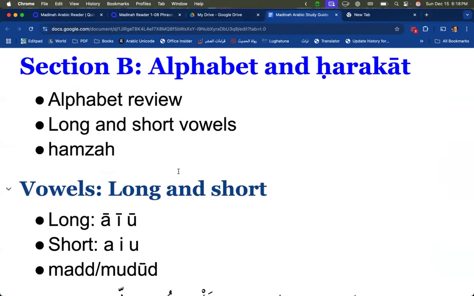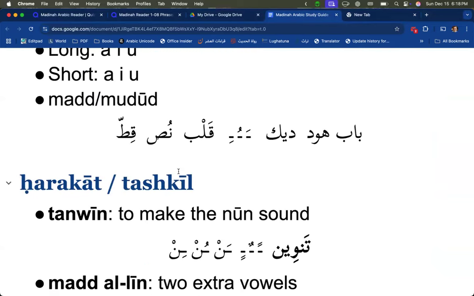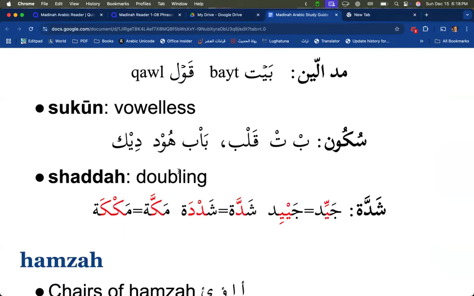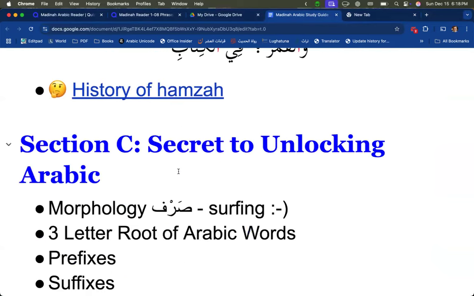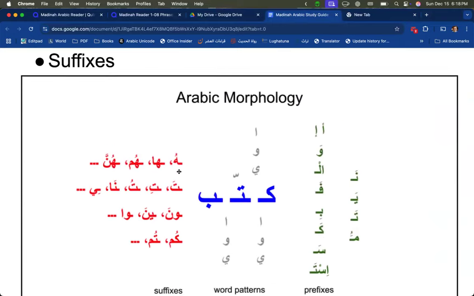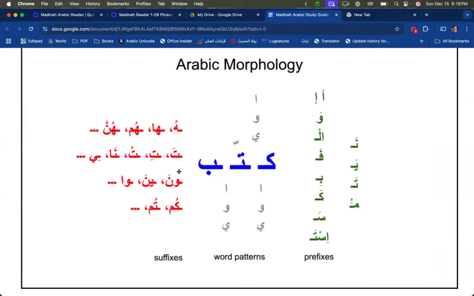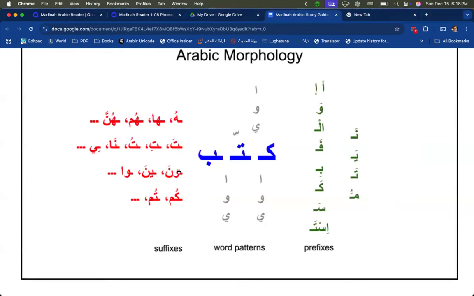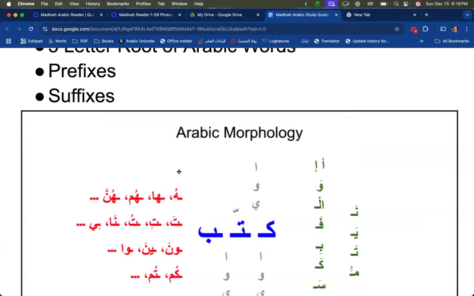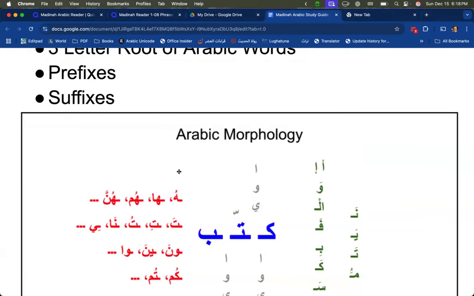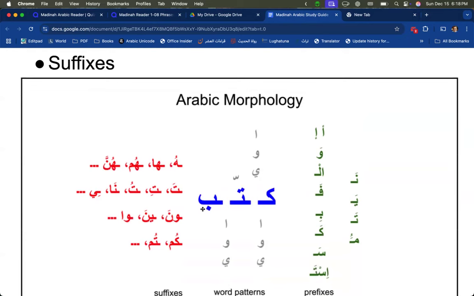Okay. All right. So I'm not going to go over vowels and harakat. We've already done that. You can watch the video on it. But this is good. Arabic words are made up of three-letter roots, and we've talked about that briefly, right? You guys remember? For example, here is kataba.